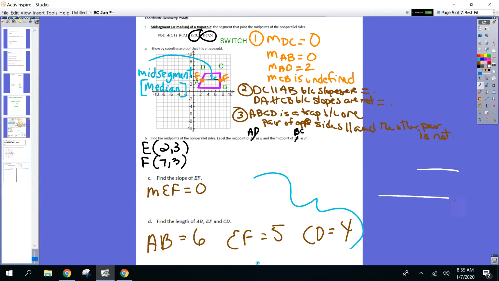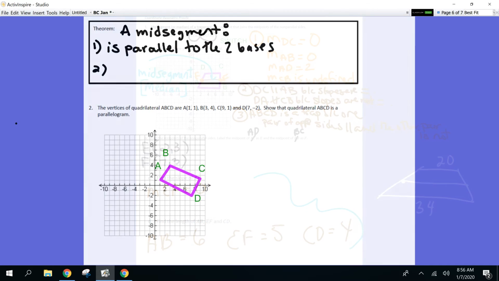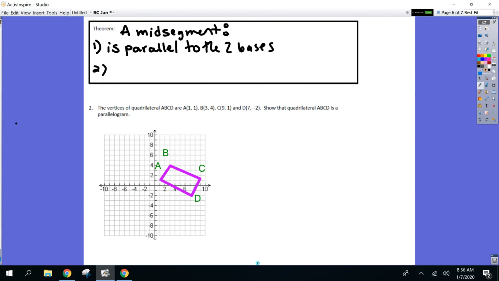If you know, let's say one base is 20, the other base is 34, how can I find the mid-segment length? Take basically add them up and divide by 2. So a mid-segment length is half the sum of the bases.